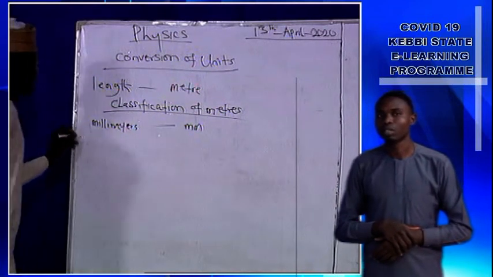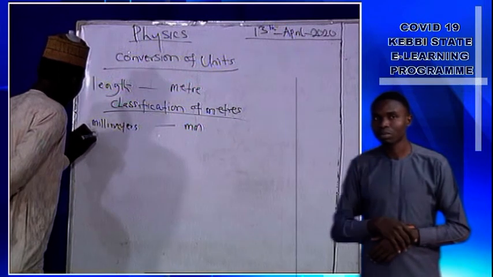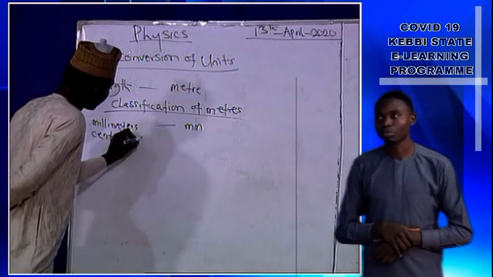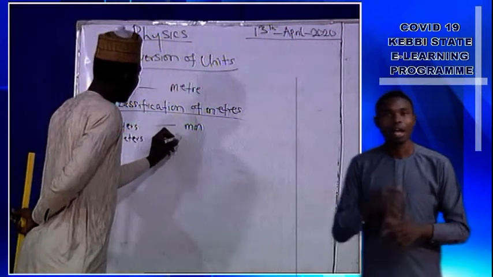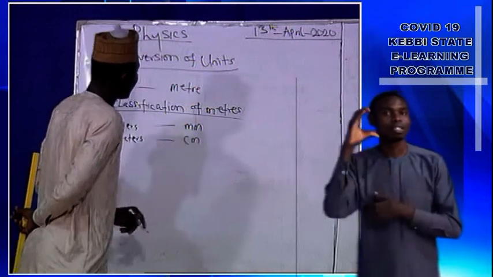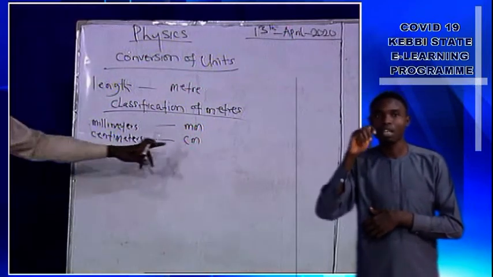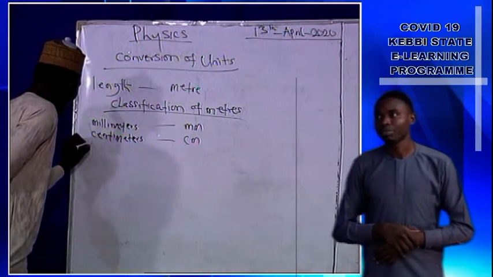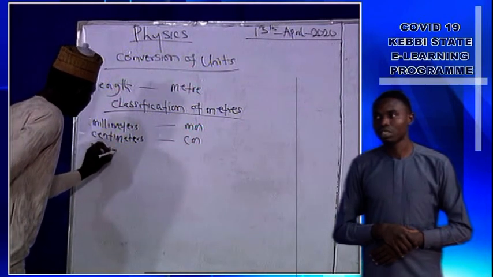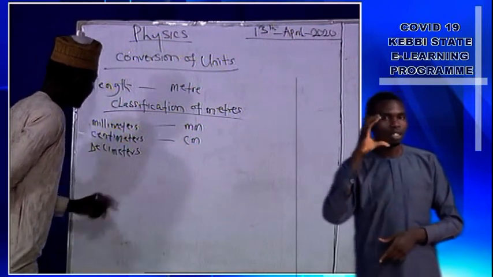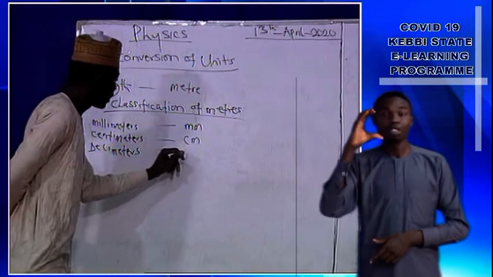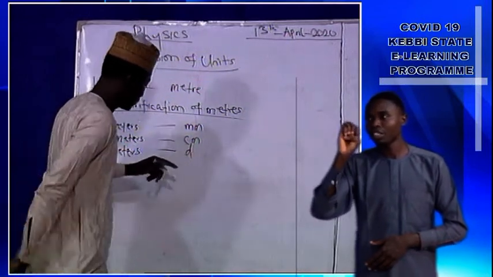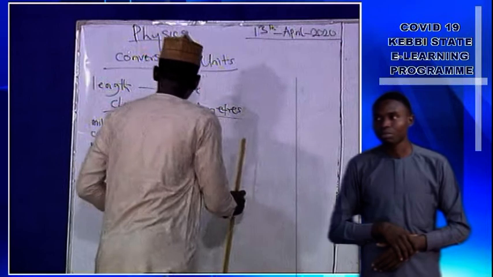After millimeters, we have centimeters, which has a symbol of cm. And we also have decimeters, which has a symbol of dm.